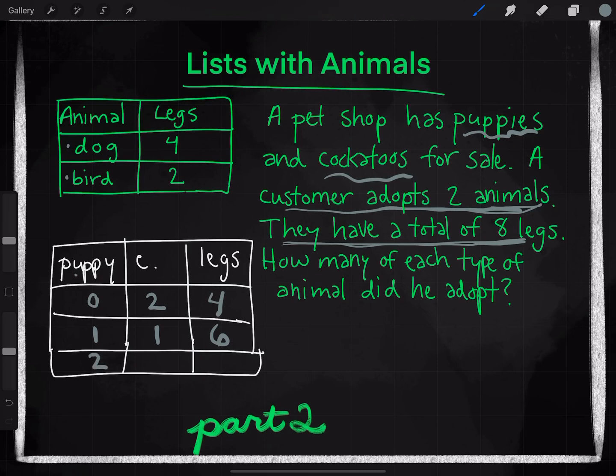Say there are 2 puppies, which means there can't be any cockatoos, because there's only 2 pets. How many legs do 2 puppies have? 8 legs. Okay, so how many of each type of animal did this person adopt? 2 puppies, and no cockatoos, even though they're beautiful birds.